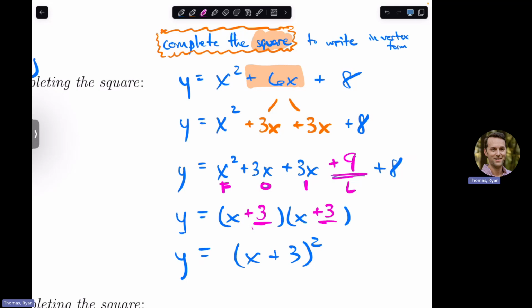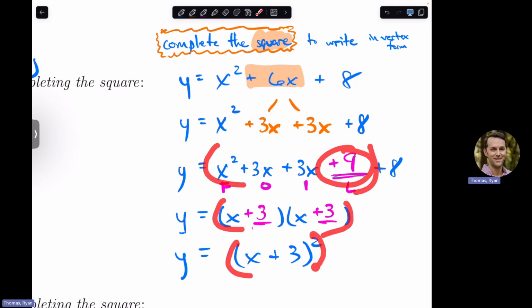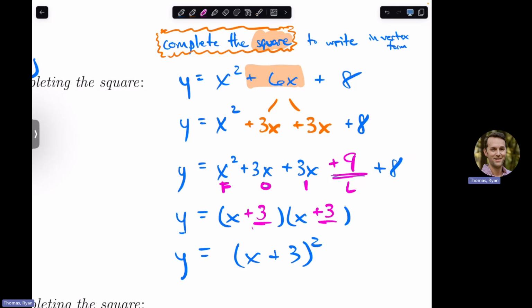Well, if I'm going to add 9 right here to be able to use it to factor this stuff to get that perfect square, one way to do that would be to add 9 to the other side also, right? You can do something to one side of an equation as long as you do it to both. Plus 9.